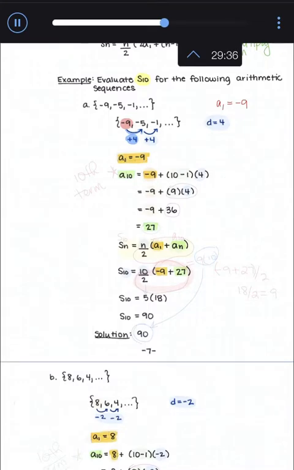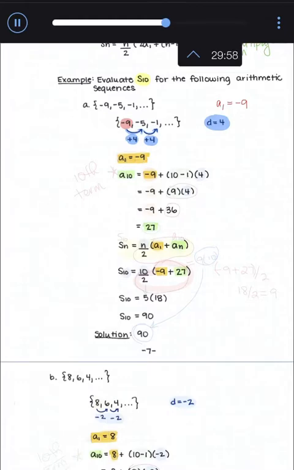The next one, going from -5 to -1, is also adding +4. And all that means is that my common difference is that +4 that we're adding to get to the next term each time.